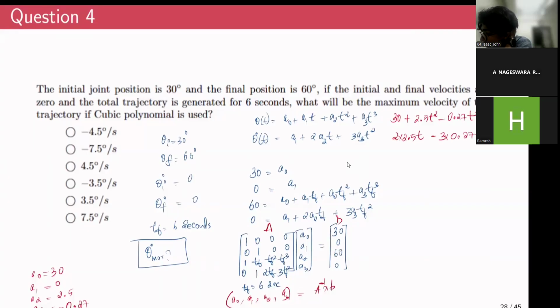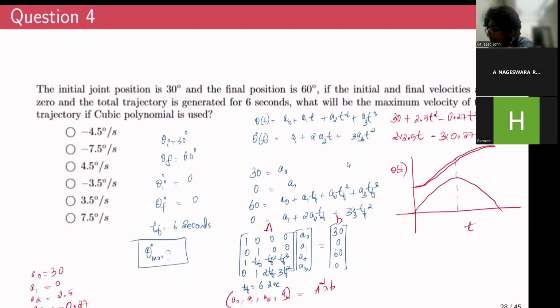So if you recall the profile of a cubic polynomial, you will have the position varying something like this. This will be your theta of t, and over here you will have your time axis. And your velocity profile would look something like this. Right?